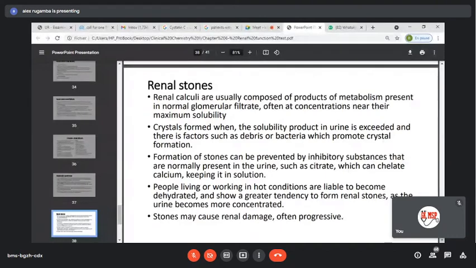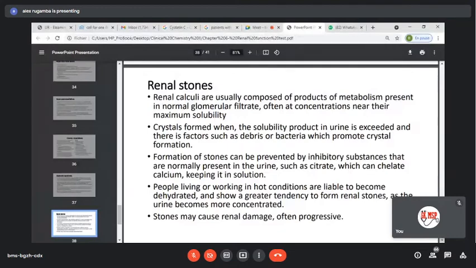Another factor which may make stones in the urine is dehydration. For example, people who live in a harsh environment, or who work very hard without taking water and become dehydrated. Because of the high concentration, crystals form.